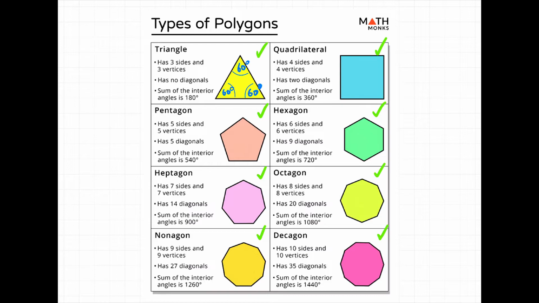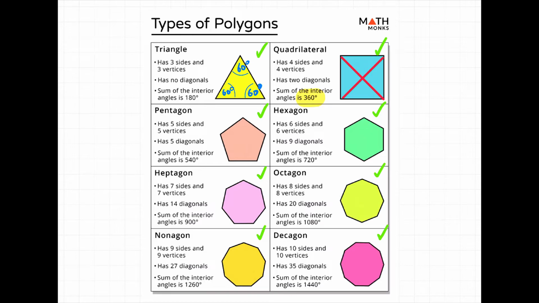Okay, now what about a quadrilateral to the right? Well, it's got 4 sides and it has 2 diagonals. So where are these 2 diagonals? Well, again, I start to draw a line. I can't go there, I can't go there, but I can go to there. And if I draw a line off of this corner, I can go over to there. So these are the 2 diagonals. And it states right here that if we add up all 4 angles, it's going to be 360 degrees.